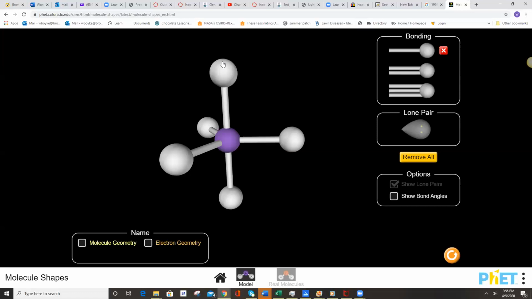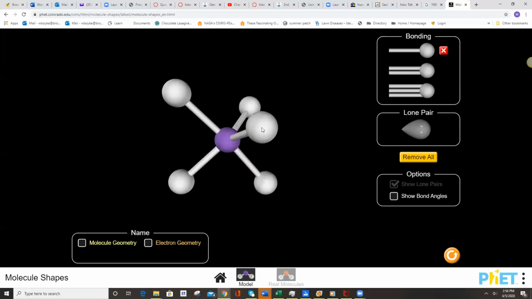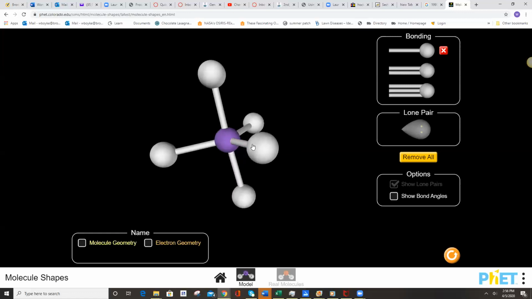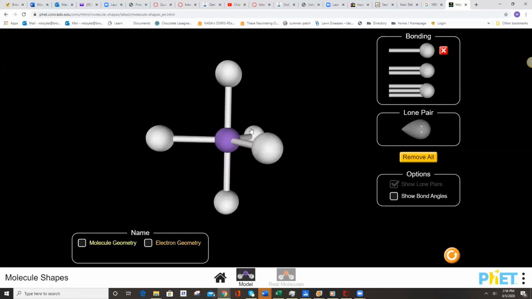In this one, that's not true. If I rotate this molecule around, you're going to see that there are some distinct positions in here. These 3 around the middle are very different than these 2 on the ends. And you're going to see that when we show the bond angles.